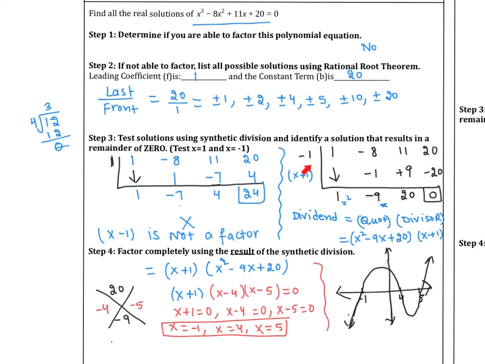If this doesn't work and does not give us remainder 0, you can try 2 and -2. If that doesn't give us remainder 0, then you can try the next numbers. But whenever you get remainder 0, stop right there, and this number with opposite sign will make one factor, and this quotient will make another factor.